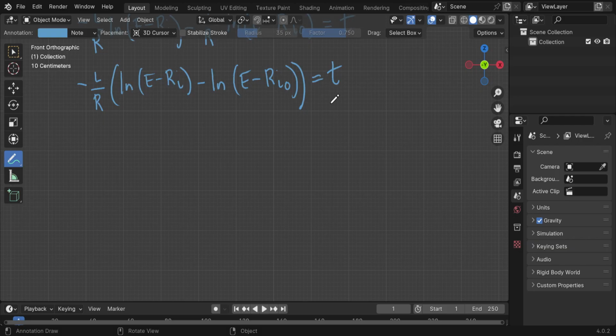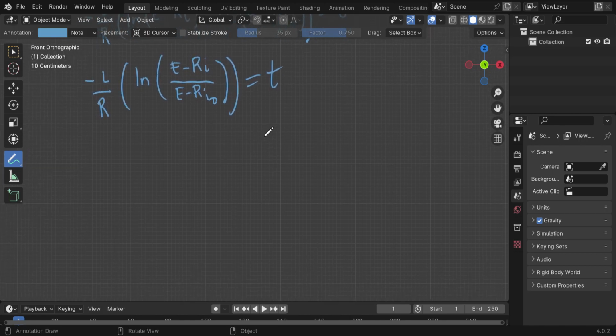Now we're working with logarithms, so there's that rule about when you're subtracting logarithms, one ln of something minus ln of something else, it turns into this. You have negative L over R, and then you just have ln of E minus R I over E minus R I0, and all that is equal to t.